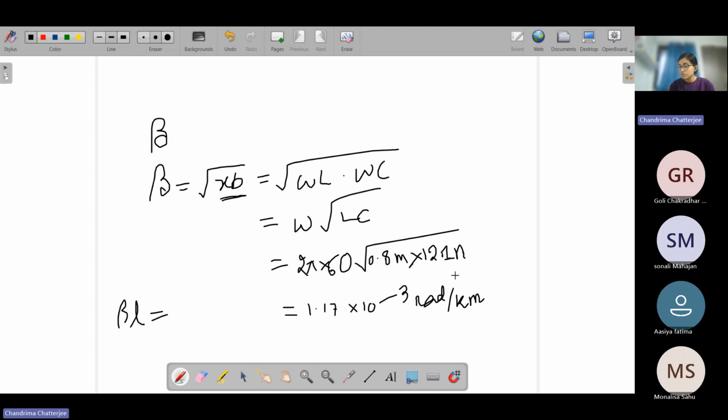If we multiply this with 800, it is 0.936 radian. And if we want to find out this value in degree, what will be the value? Can you please calculate in degree?